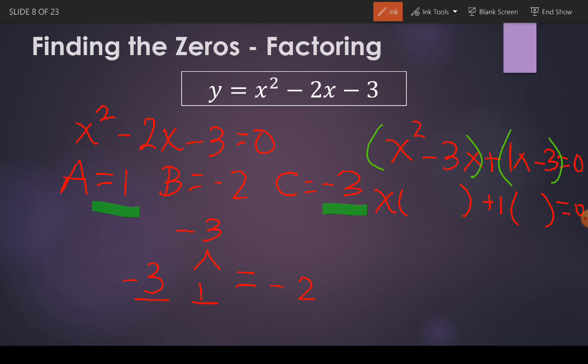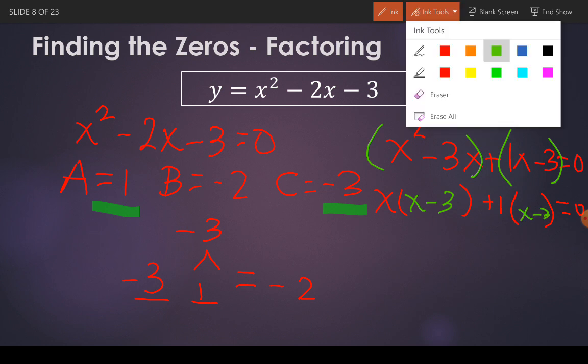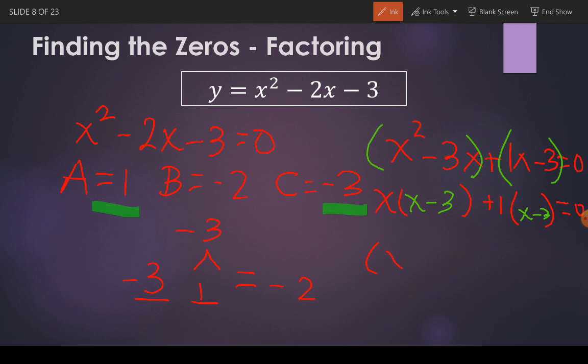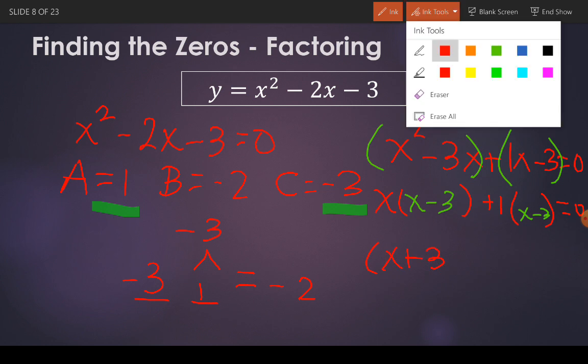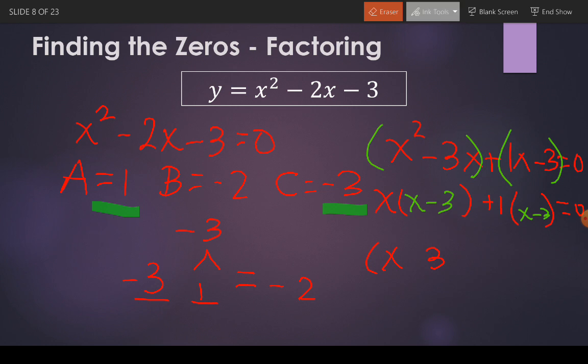So we'll have an x minus 3 here, and we also end with an x minus 3 over here. So our two factors are going to be x plus 1 and x minus 3. There we go. And when we cross that out, we'll write what's left, which is x plus 1, and that's equal to 0.